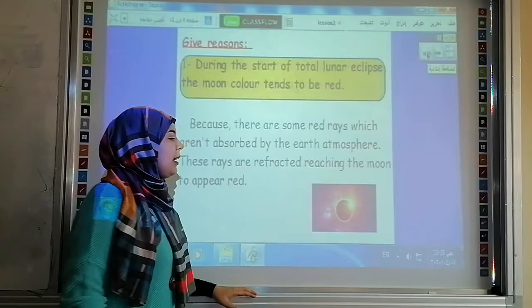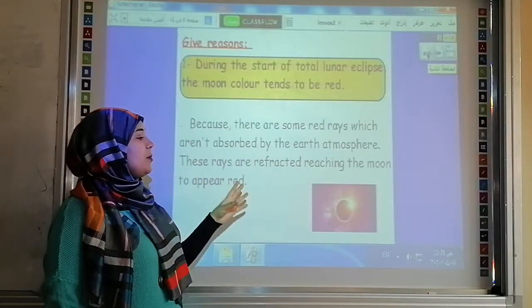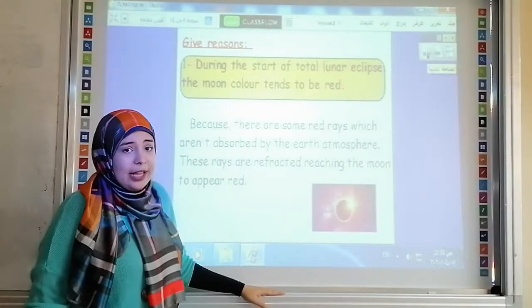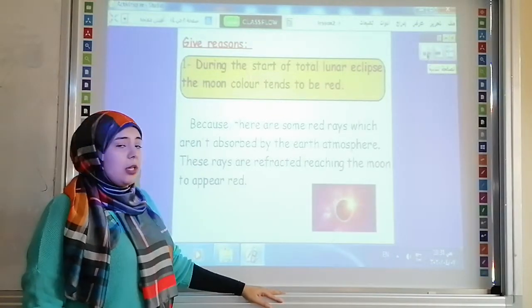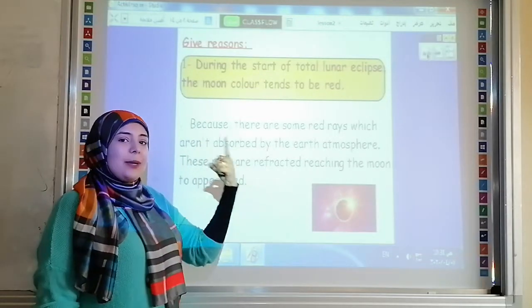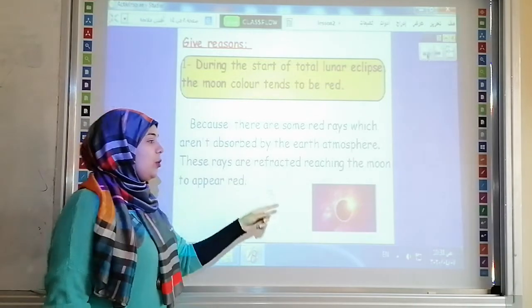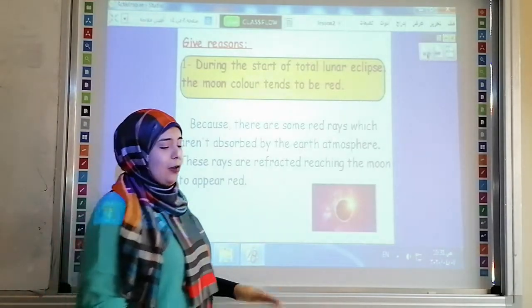Okay, and now, give a reason for why in a total lunar eclipse we see the moon in red color. Can you remember? Yes, because the Earth's atmosphere will absorb the sunlight except red rays. It will refract them to the moon. Then we will see the moon as red.